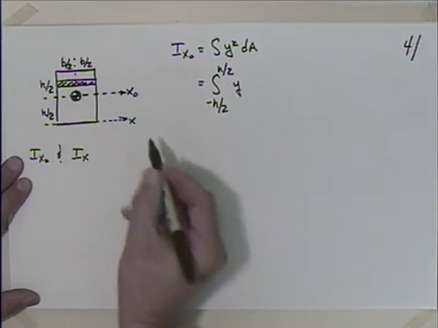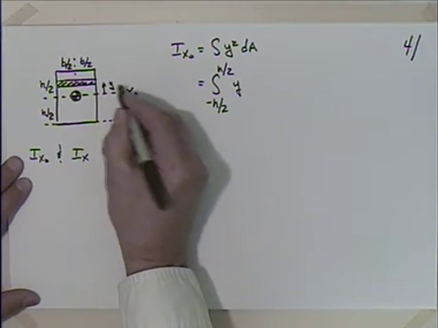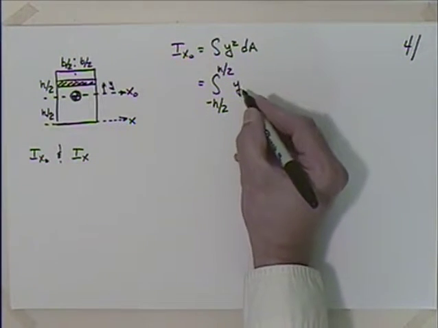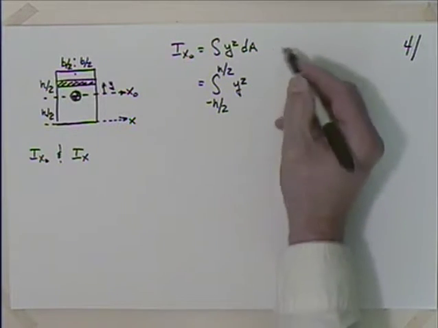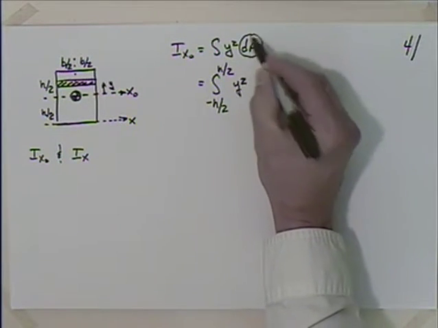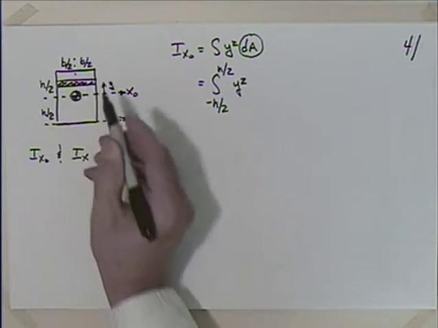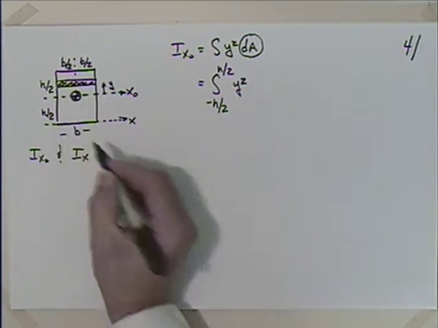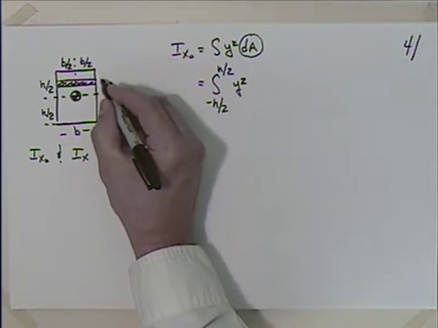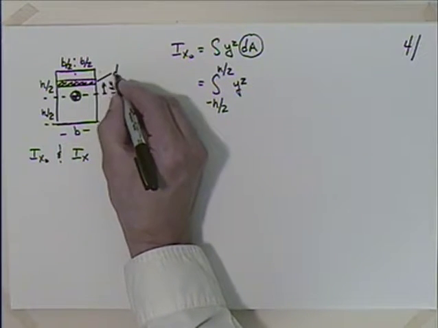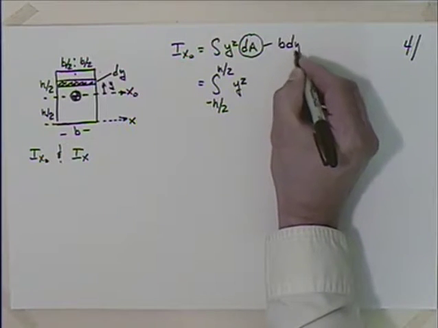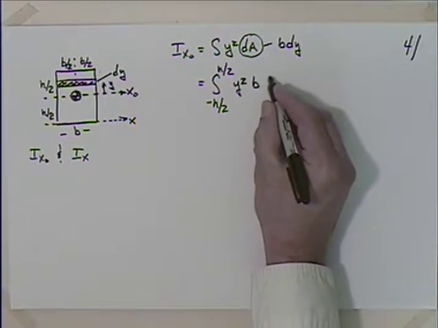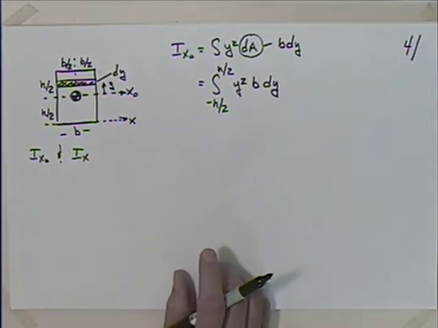There's my differential element. I have y, so I'm going to have y squared times, what's dA? Well, dA is the area of this differential element, which is the base dimension, b, times what's this tiny dimension there? dy, isn't it? So I'll have b times dy.